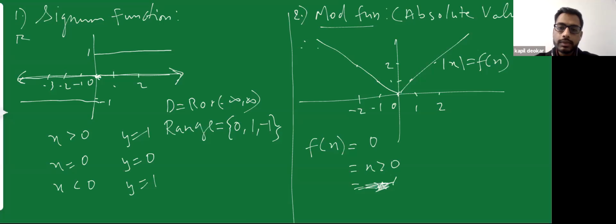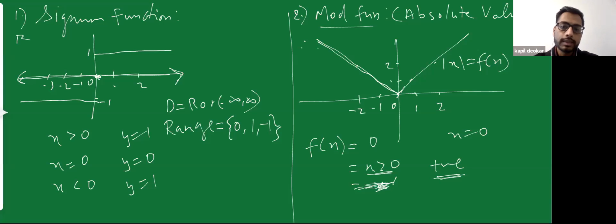So when is the value 0? When x is equal to 0. When is the value of function positive? When x is greater than 0. So I am going to say my function is always positive. However, my function is always positive even if values of x are negative.